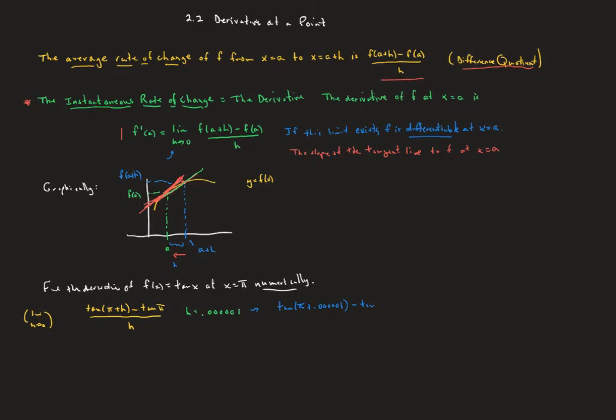minus tangent of pi all over 0.000001. If you do that on your calculator, surprisingly enough, it comes out pretty clean to be 1. So that is our derivative. Now I'm going to ask a second question.